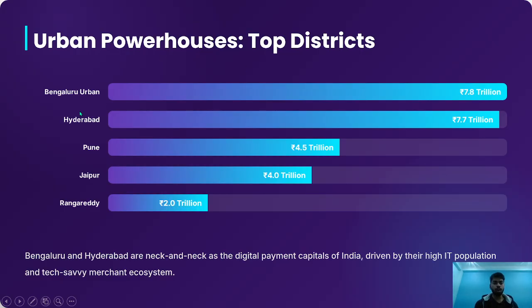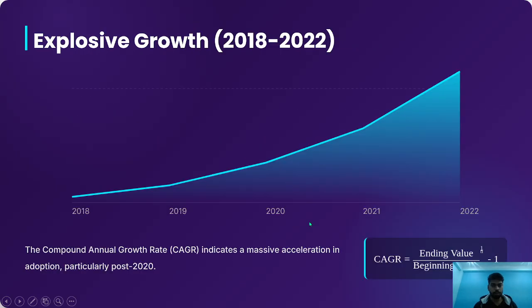Urban powerhouses in top districts: Bangalore Urban has the highest transaction amount, almost 7.8 trillion. Hyderabad follows with 7 trillion, then Pune 4.5 trillion, Jaipur 4 trillion, and Ranga Reddy 2 trillion. Bangalore and Hyderabad are neck and neck as the digital payment capital of India, driven by their high IT population and tech-savvy merchant economy.